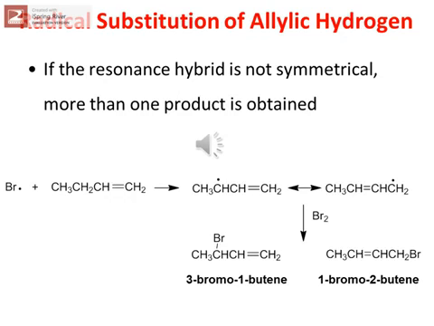So 3-bromo-1-butene will be formed preferably and 1-bromo-2-butene will be formed in low concentration.